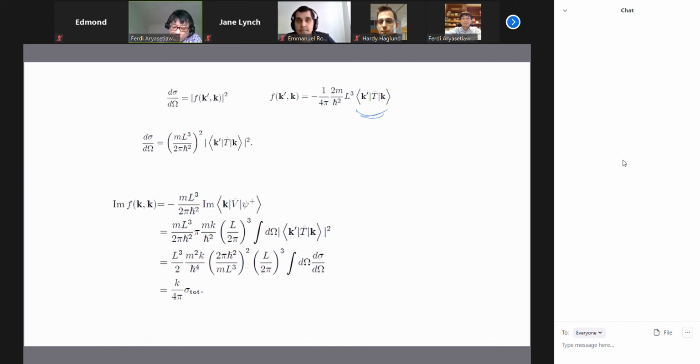So we have t here, not v. So then the differential cross-section is given by this expression here. I just take the square of that.